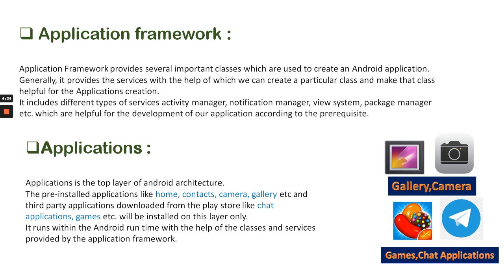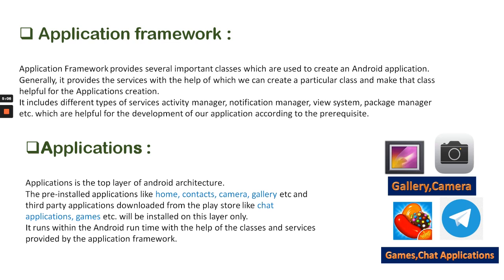So when we buy our Android mobiles, home, contacts, camera, gallery, or music, these apps are pre-installed applications. After that we can install other applications like our chatting applications, games, etc., from the Play Store. When we install all these apps from the Play Store, we are able to see them on our mobile screen.